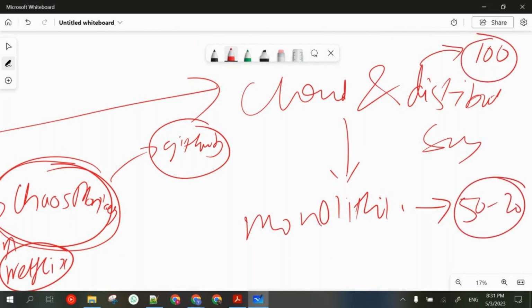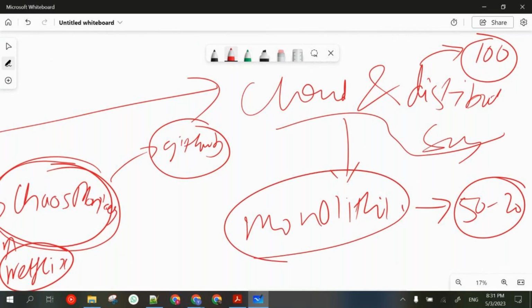It means that if you can run 100 experiments in cloud and this type of systems, in monolithic systems you can run only 50 experiments.